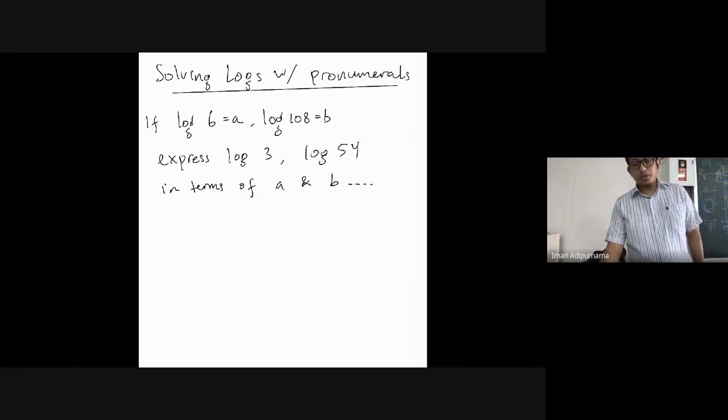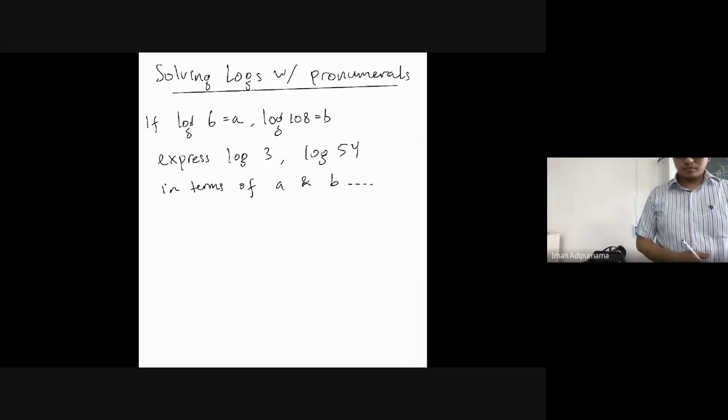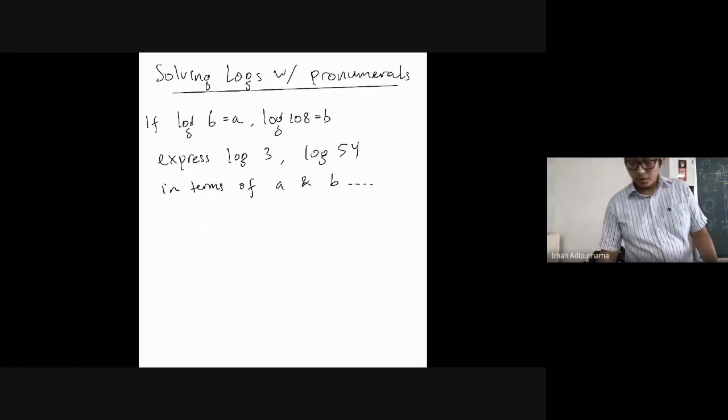So pronumeral means you can have your log in any symbols or variables, and you need to express another log with that expression. Okay. So the question is, log 3 is what?